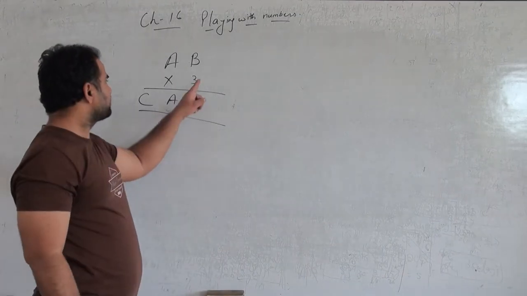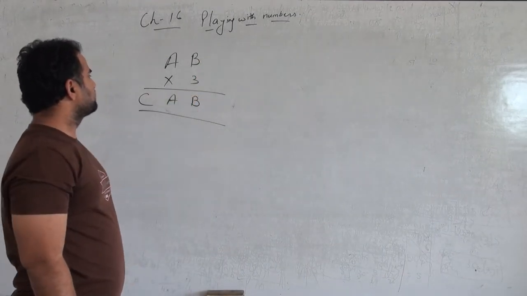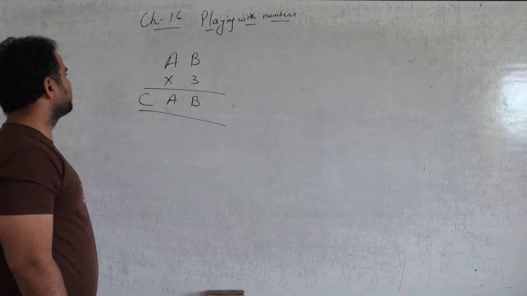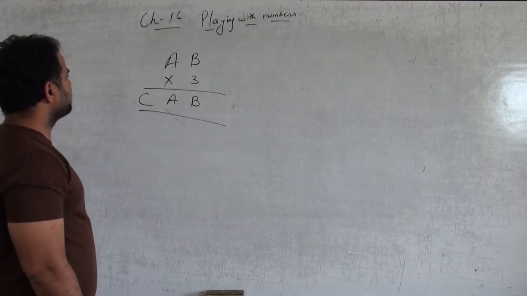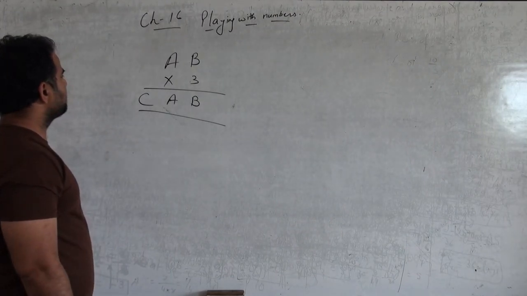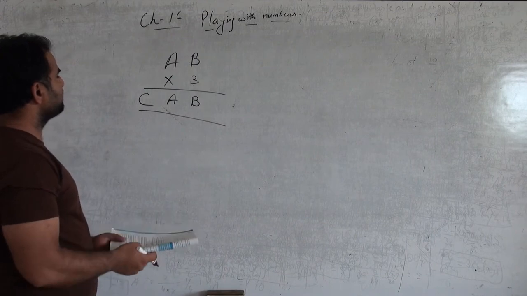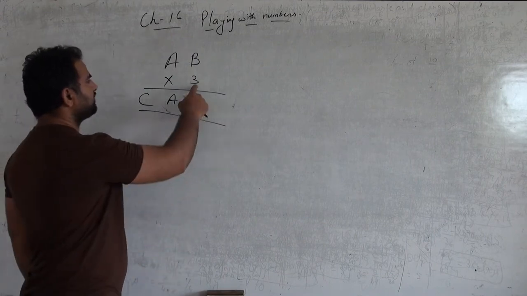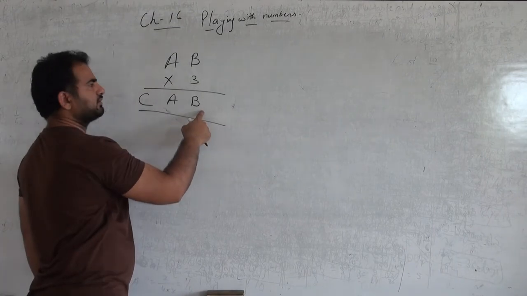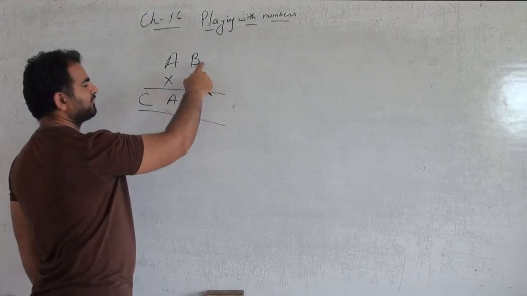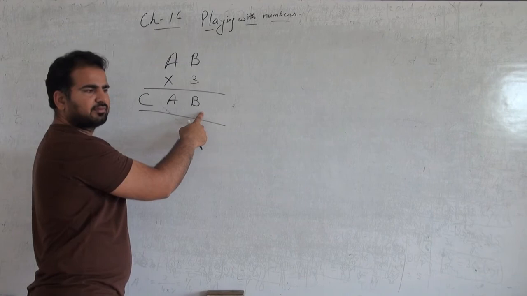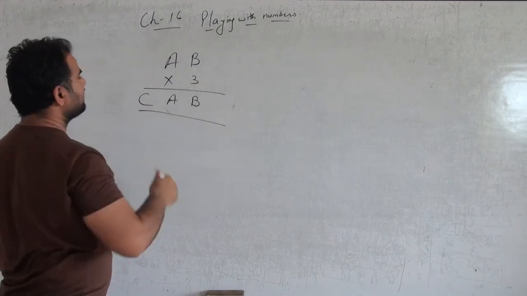From what number should it be multiplied so that the answer will be the same? We can say it can be 0 because 3 multiplied by 0 will be 0. Or we can say that 3 multiplied by 5 will be 15, so 1 will be carried.